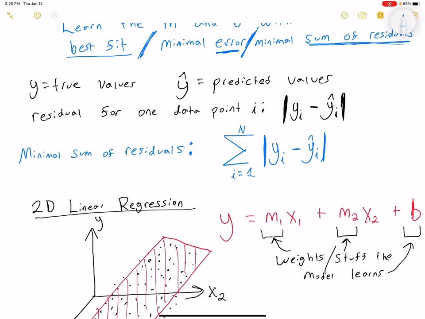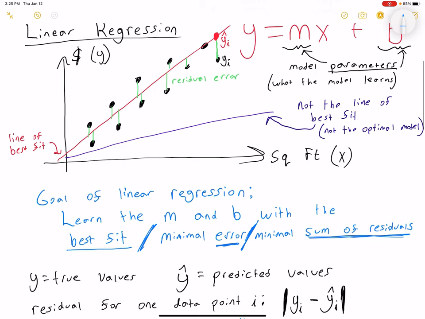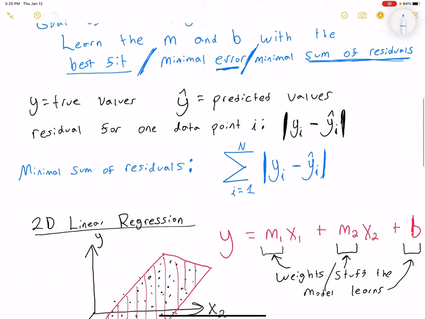So the summation from i equals 1 to n of the absolute value of y sub i minus y hat sub i, which again is the distance from one point's predicted value to its true value, tells us how far apart the model's prediction was from the true value. If we sum that up for every data point, we get the entire model's error.